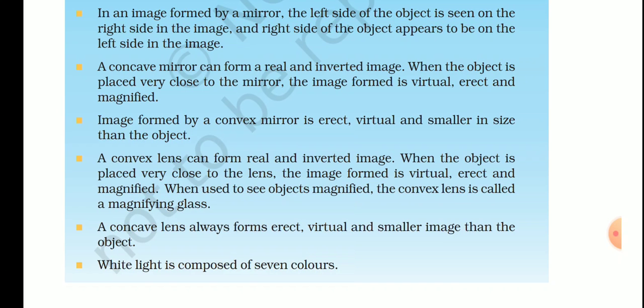And the last point, white light is composed of 7 colors. As we have discussed, when white light or sunlight falls on water droplets and is reflected, it splits into the 7 colors, the phenomenon that we call the formation of a rainbow. A similar phenomenon occurs in the prism also, when the white light gets reflected and refracted, and it splits into the 7 components of light.